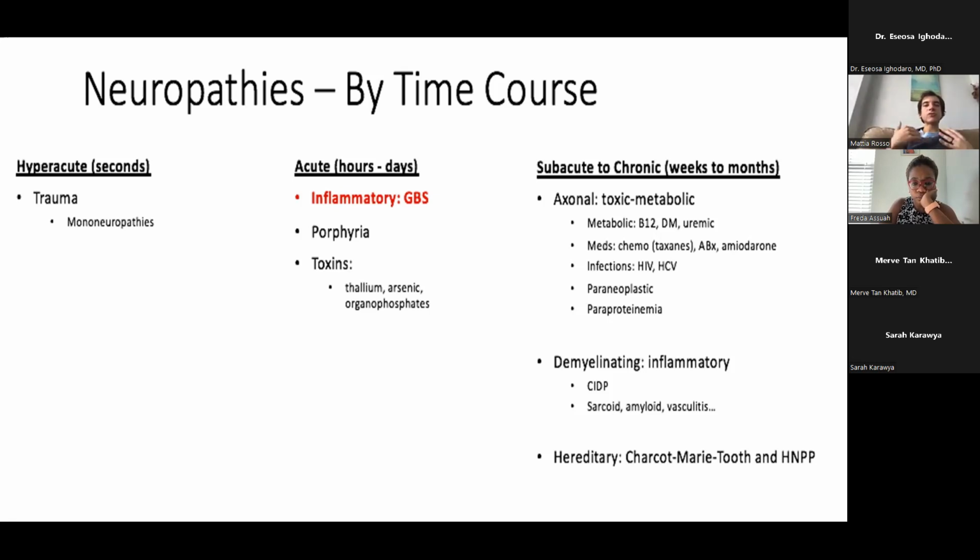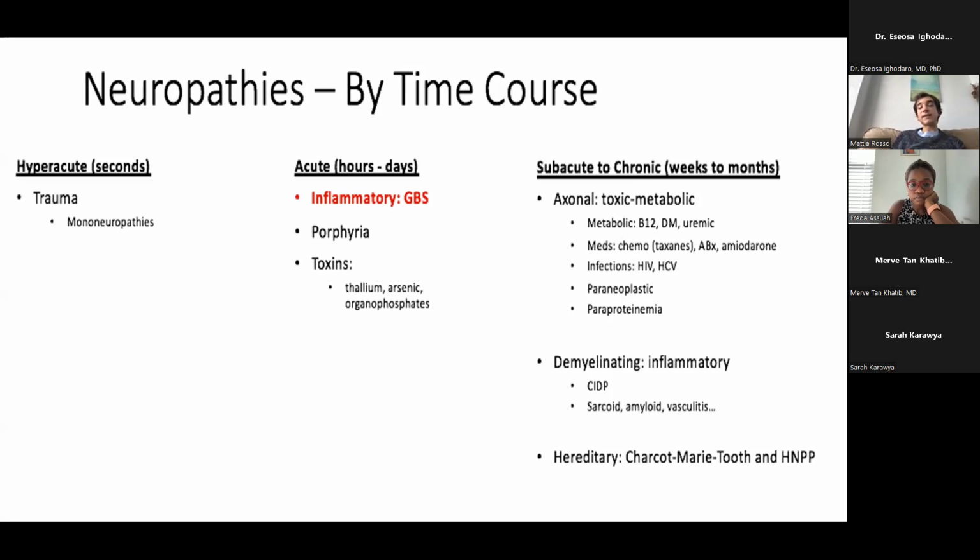And in addition to CIDP, which we mentioned, it's really important to think about another group, which is rheumatological neuropathies. Now, rheumatological diseases can present in any which way. They can affect the nervous system in any which way, but they commonly cause polyneuropathies. And this is really your vasculitis, your Sjögren, lupus, and so forth.